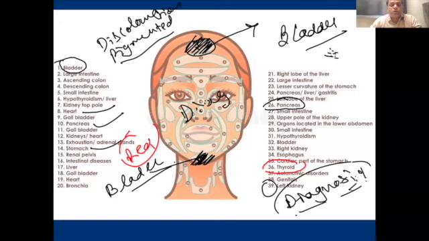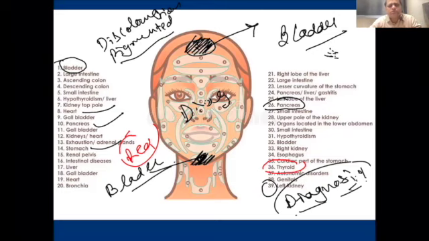Why? You have not even held the hand of the patient, you have not taken the pulse, you have not asked any questions, and you are asking, okay, do you have some problem in your pancreas, do you have some problem in your thyroid? So it is so impressive. So why know the face?